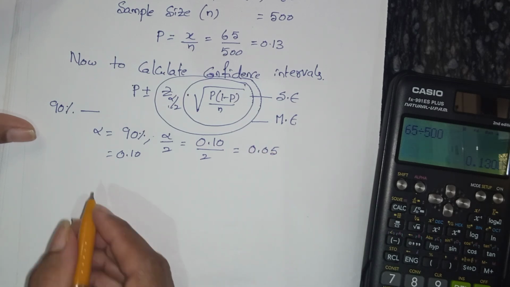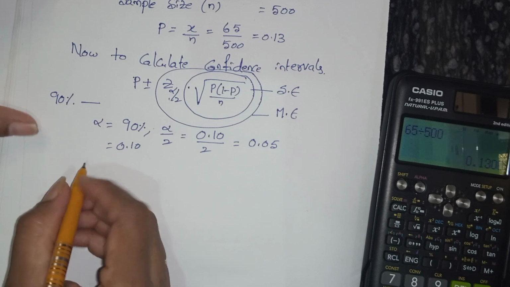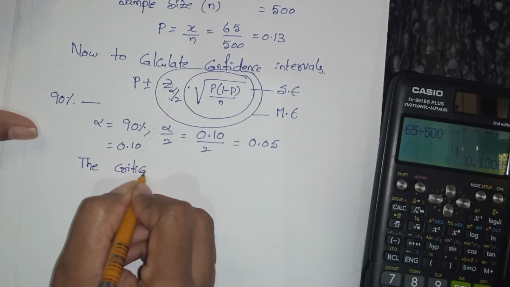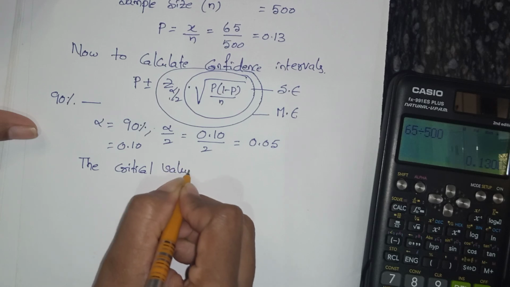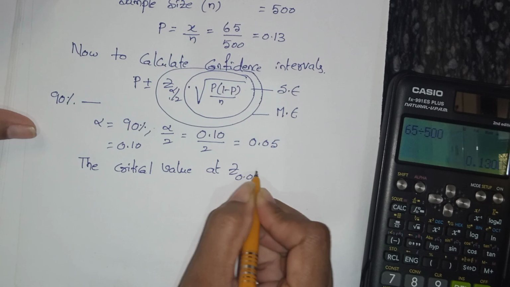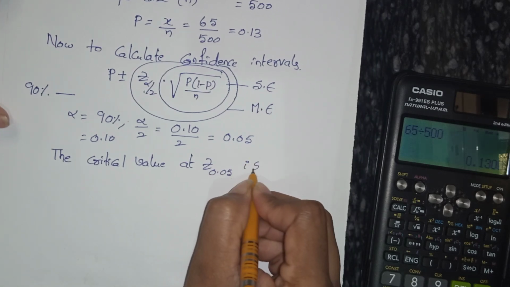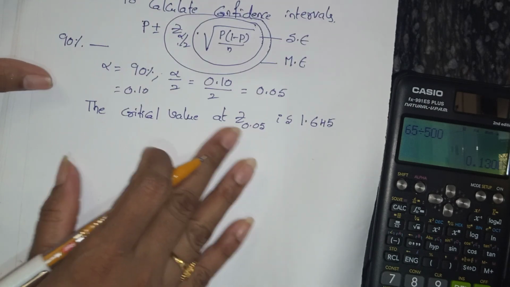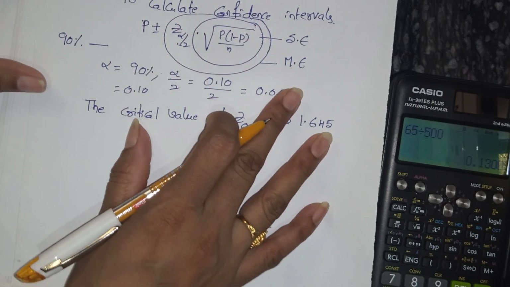So alpha by 2 is 0.05. The critical value at Z 0.05 is 1.645. Now we have to calculate the margin of error.